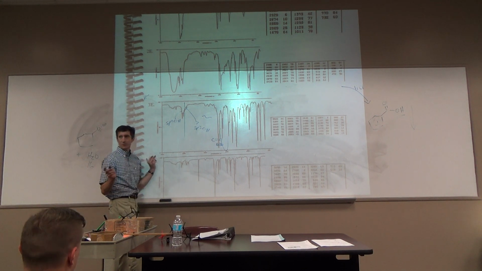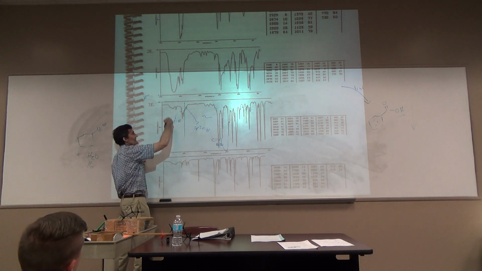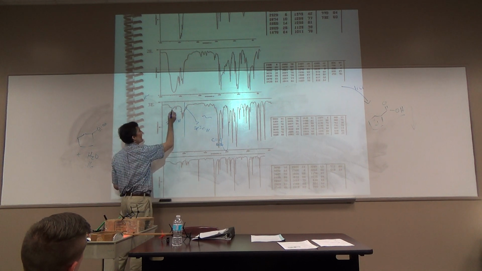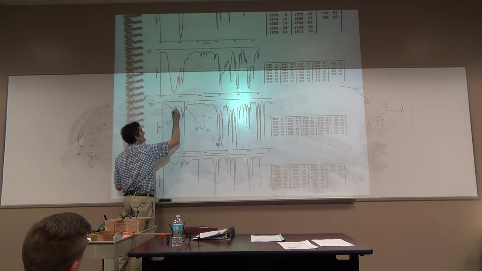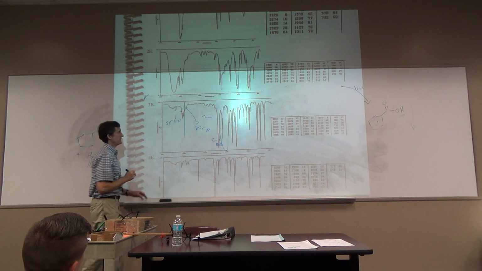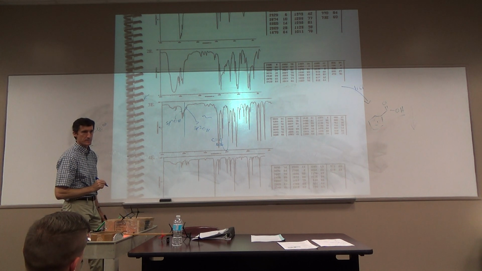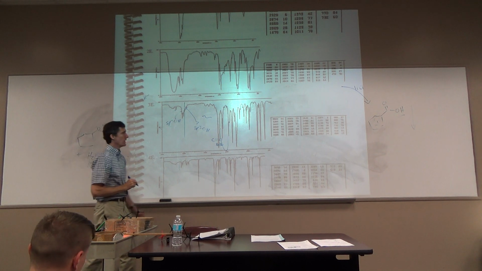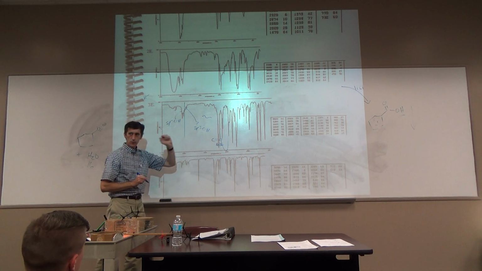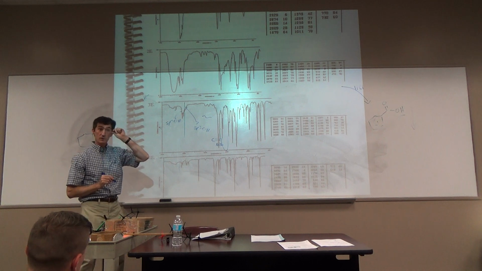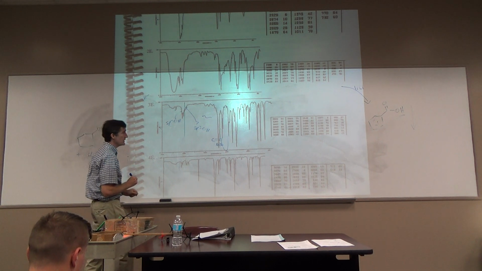Also, we sort of saw one with a weak NH. You call that maybe weak. What do you think this is here? Anybody got something for that guy? Because it could be something else other than an NH. Carbonyls are very prone to giving what? Overtones. How do you tell if it's an overtone?